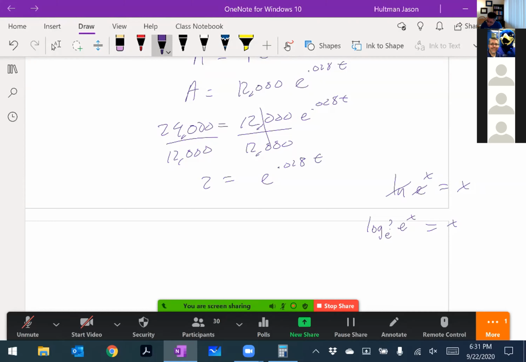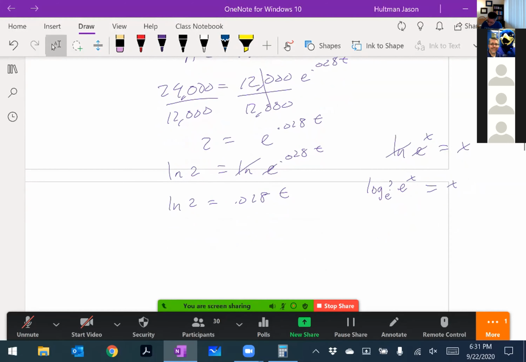So I could take the natural log of both sides here, and I'm going to end up with the natural log of 2 is equal to 0.028 times t. Now, if you don't like that, you could do it the old-fashioned way.